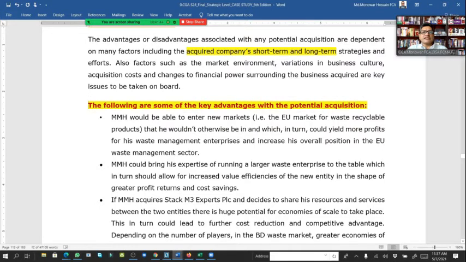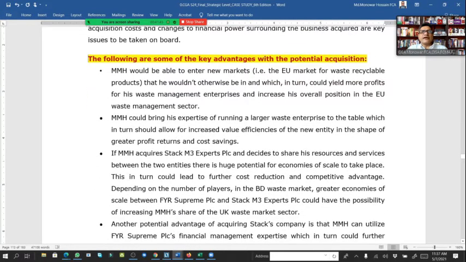The advantages are that MMA would be able to enter a new market that it would not otherwise be in, which could yield more profit. That means after entering the new market, more profit can be achieved through the waste management sector.